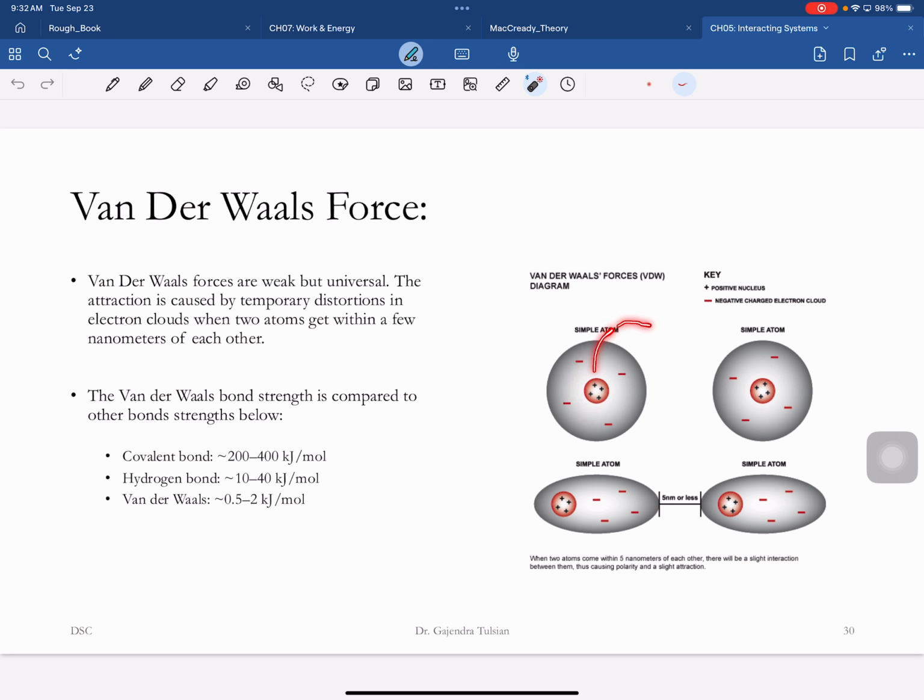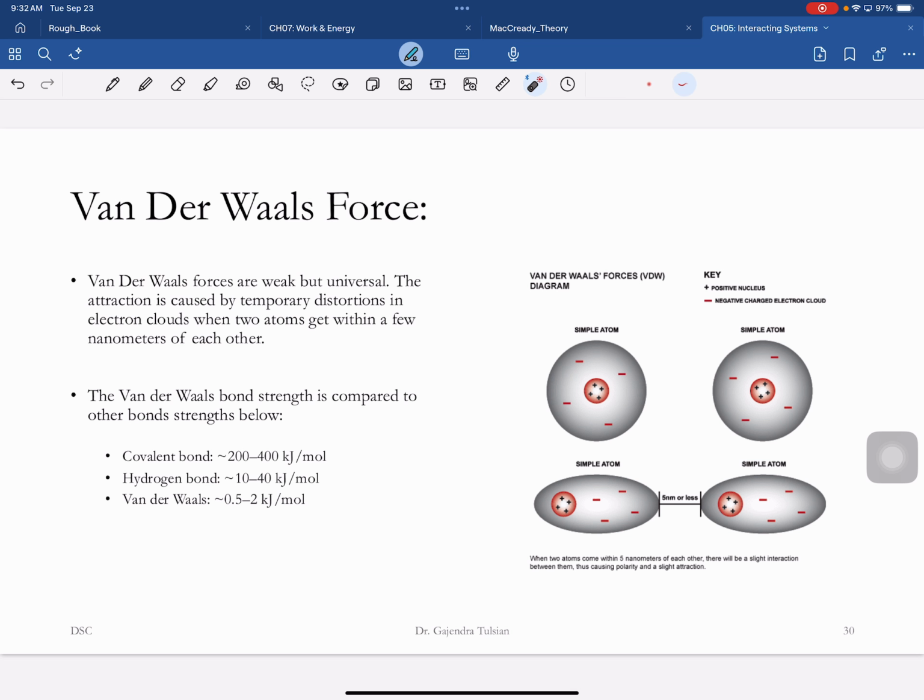So no atom has what is called a dipole moment. A dipole moment would be if the center of positive charge and the center of negative charge are separated.